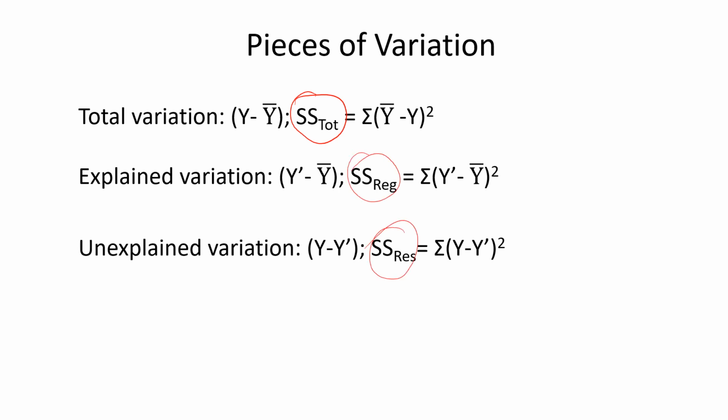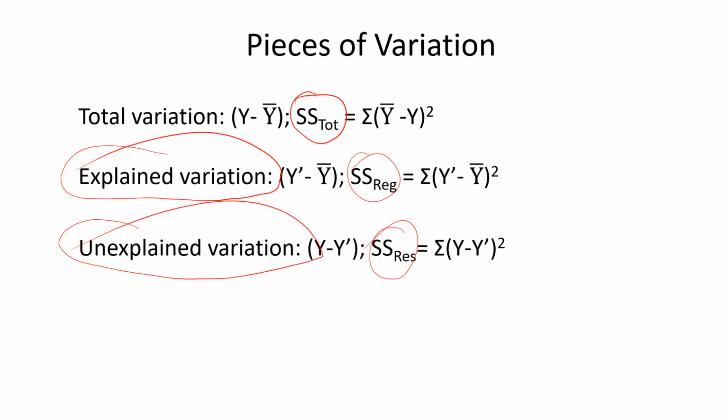And what is this sum of squares regression and sum of squares residual? Well, the sum of squares regression is the variability explained in our equation. There's always variability. The explained variability is our sum of squares regression. The sum of squares residual is our unexplained variability, or another term for this is error. This is our error because it's unexplained.